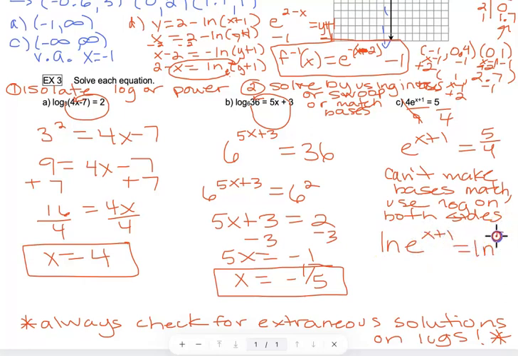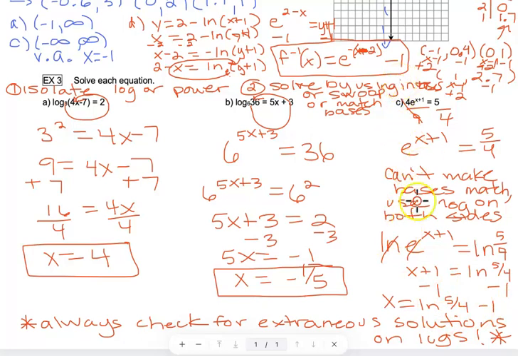Again, I'm doing that because the natural log is the inverse of the exponential with base e. So what ends up happening is that these cancel each other out. So I just end up with x plus 1 equals the natural log of 5/4. And then to get x alone, I would just subtract 1 on both sides. So x equals natural log of 5/4 minus 1.